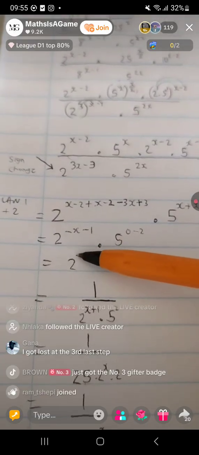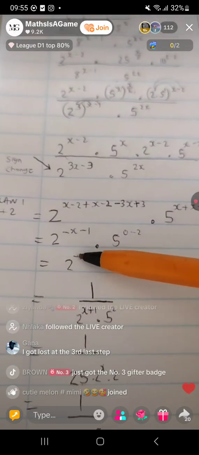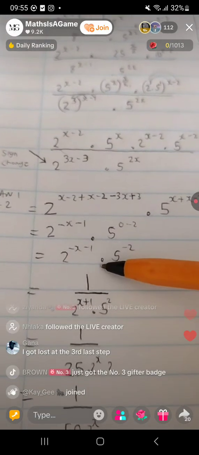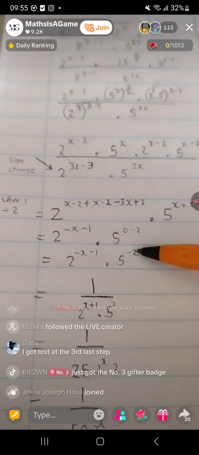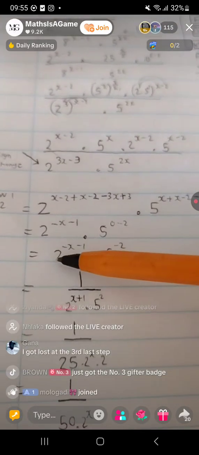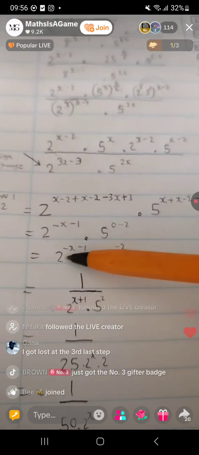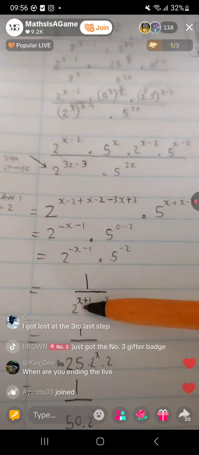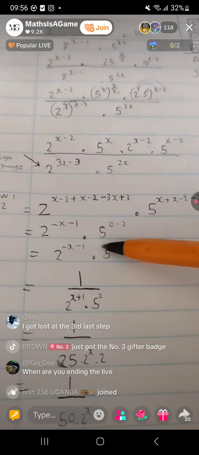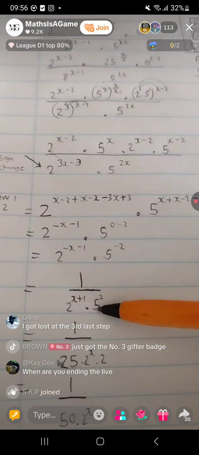Do you see the exponents for both are negative? We are multiplying. The relationship is one of multiplying. This base also has a negative exponent. So what is going to happen to these bases that are raised to negative exponents? They are all going to go where? Down. 5 to the power negative 2 is also going to go down.